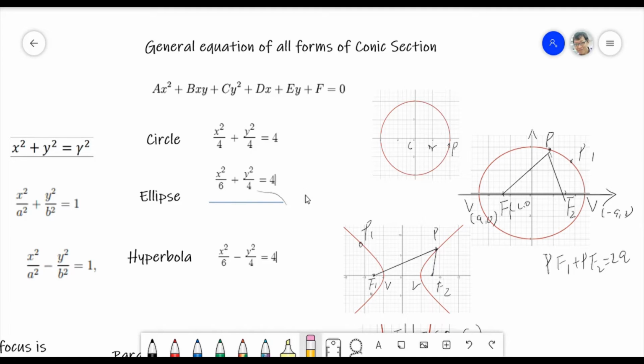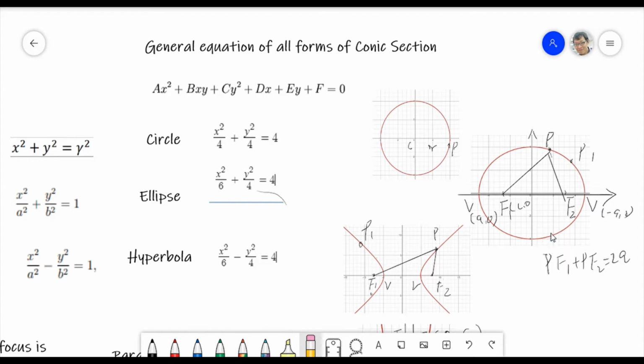The definition of an ellipse is that for any point on the ellipse, the summation of the lengths from this point to the two foci is always equal, and it equals 2a. So it can be P1F1 plus P1F2 equals 2a, right?